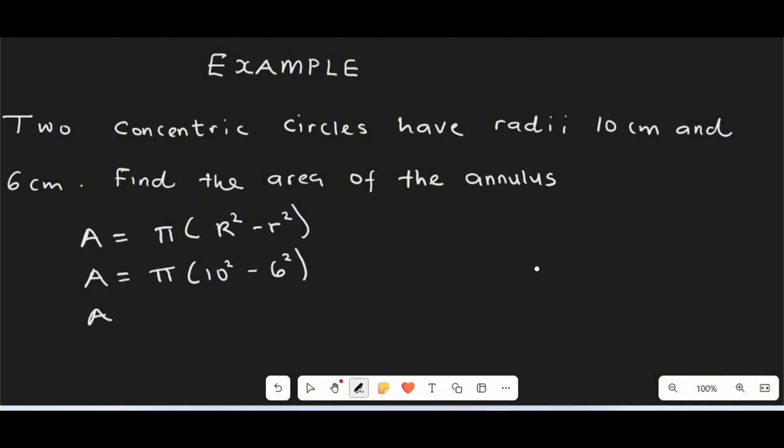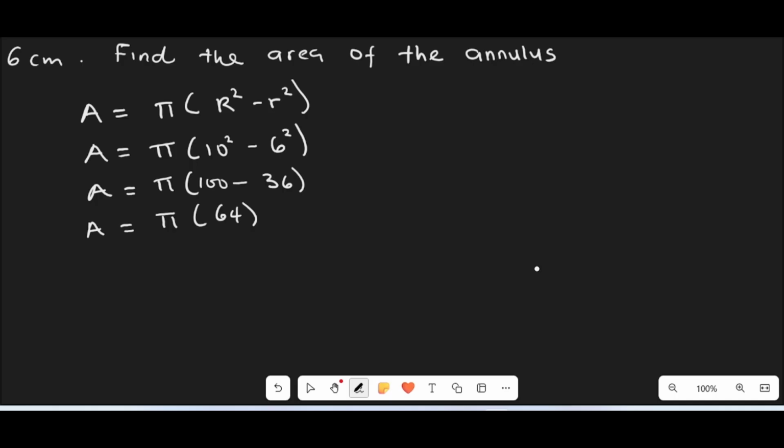A equal to pi, 10 squared is 100. 100 minus 6 squared, which is 36. A equal to pi bracket 64. 100 minus 36 will give us 64. Let us take pi to be 3.14159.